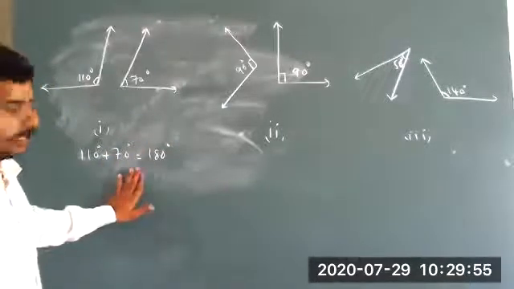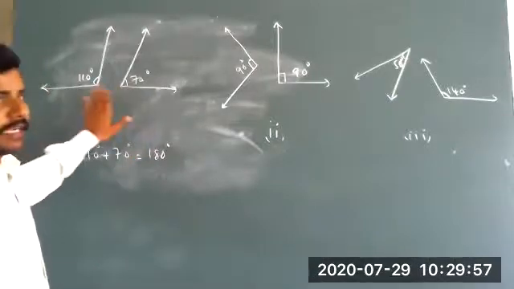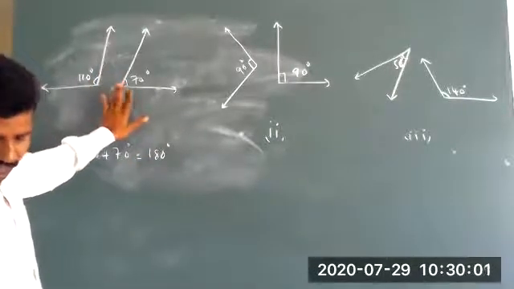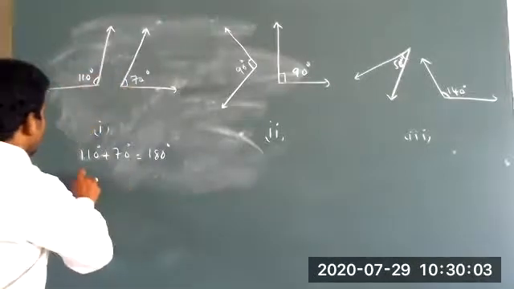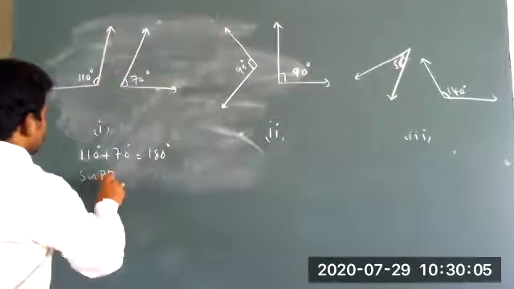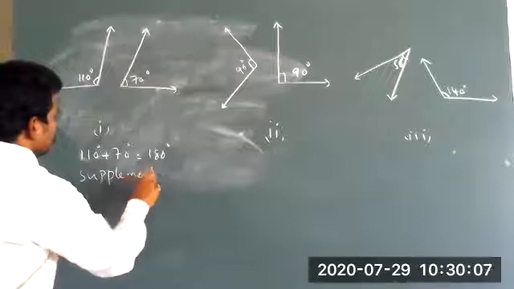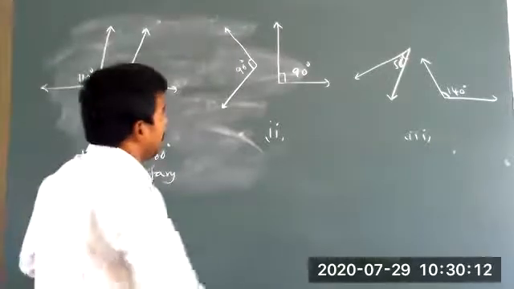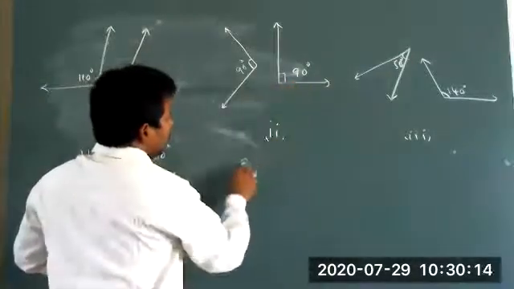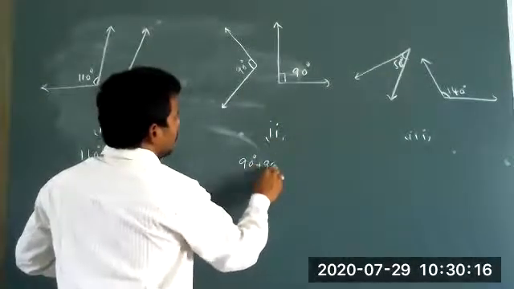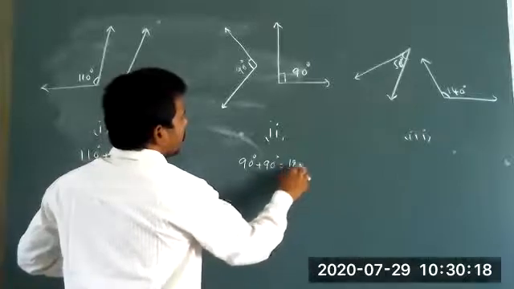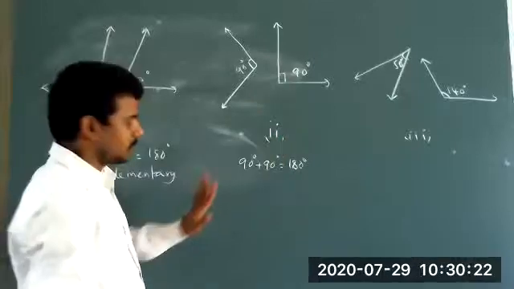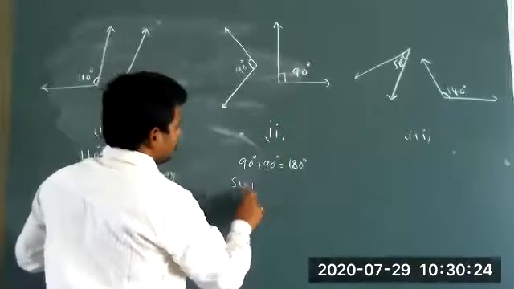So this pair is supplementary. Now take the second pair. 90 degrees plus 90 degrees, total 180 degrees. So the second pair is also a supplementary angle.